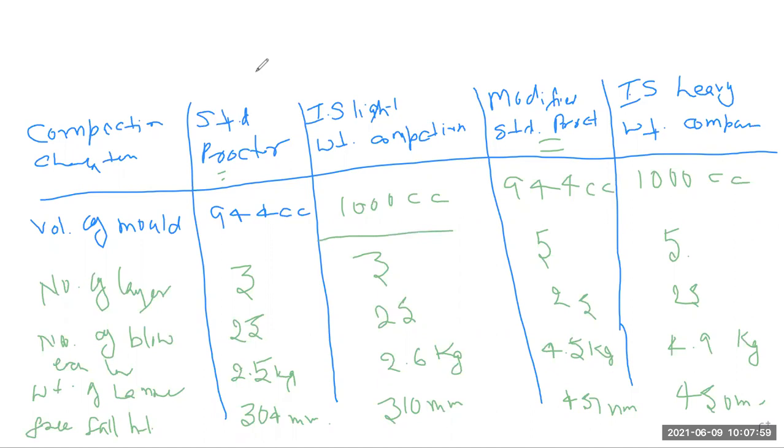A soil sample of 3 kg of air-dried soil is taken, which passes through a 4.75 mm sieve, that is, fine soil.